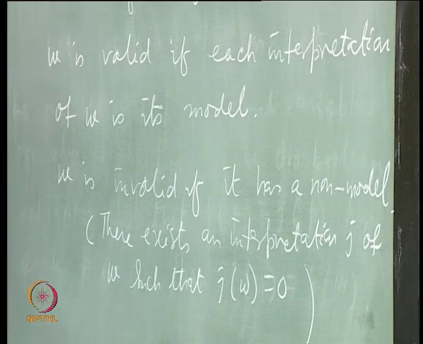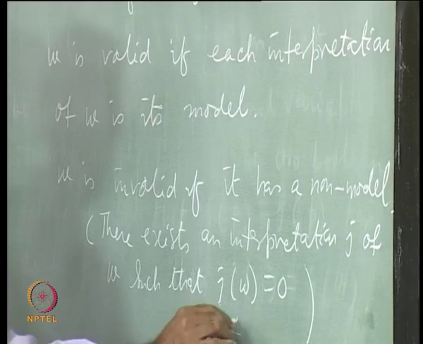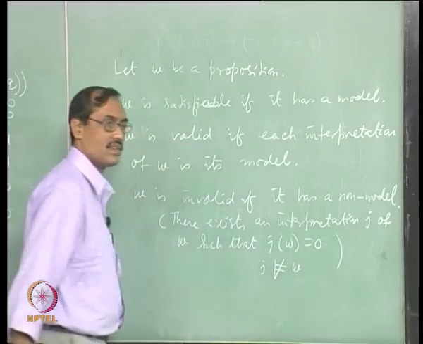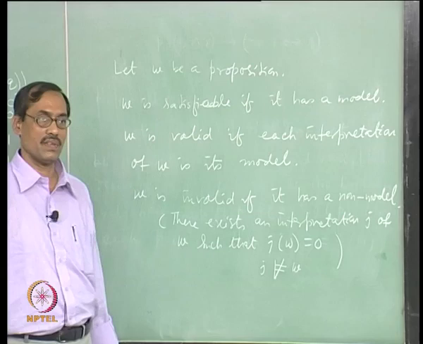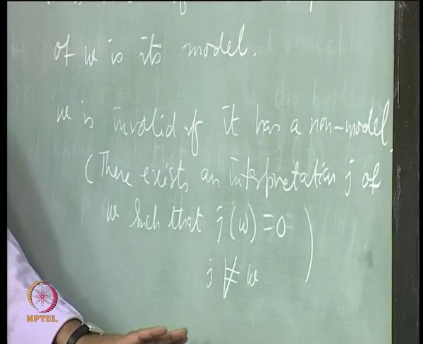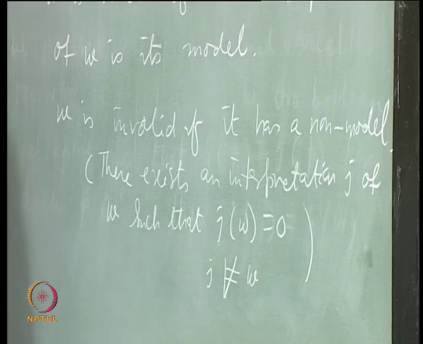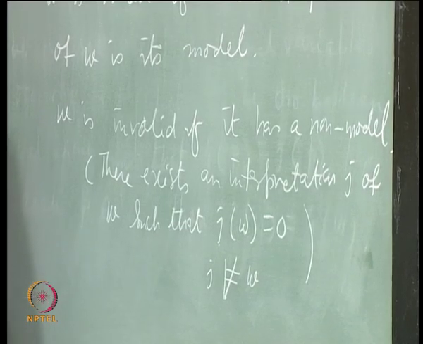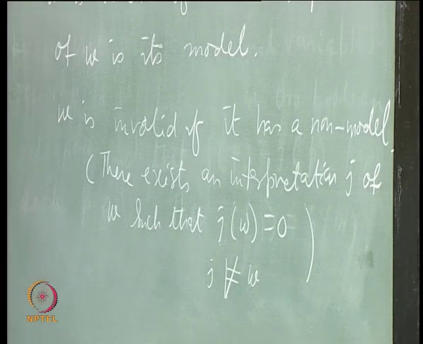So sometimes, to say that it is not a model, we write J does not satisfy W, or J falsifies W. These are also some different notations and some different ways of reading it. J falsifies W or J does not satisfy W.